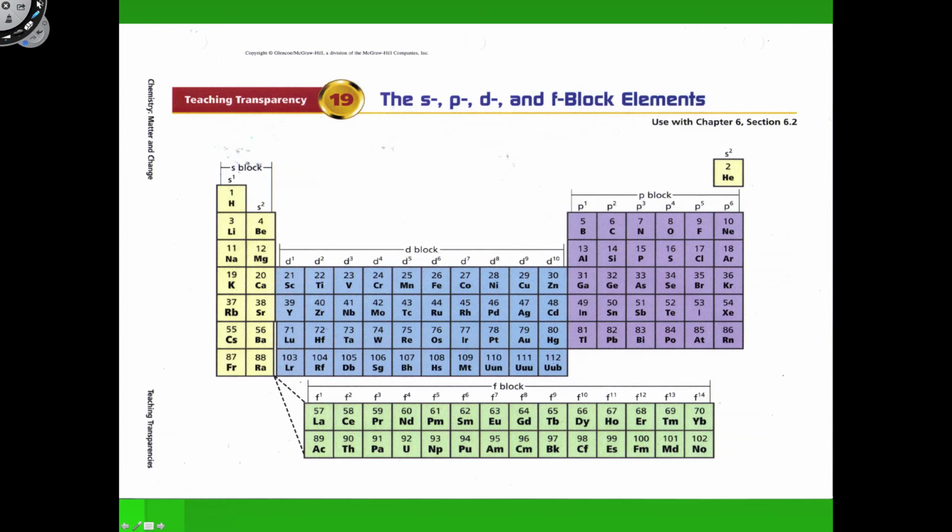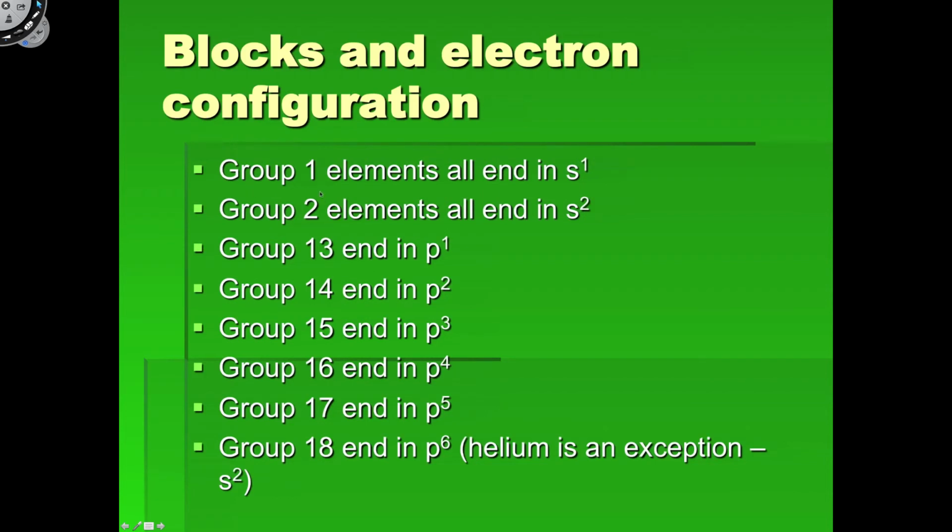All right. So just for review, our group 1 elements are always going to be s1. Group 2s are always s2, and then starting with group 13, the boron family, going down that column, those are all p1, p2, and so on. The one thing you have to remember is helium is not a p6 element.